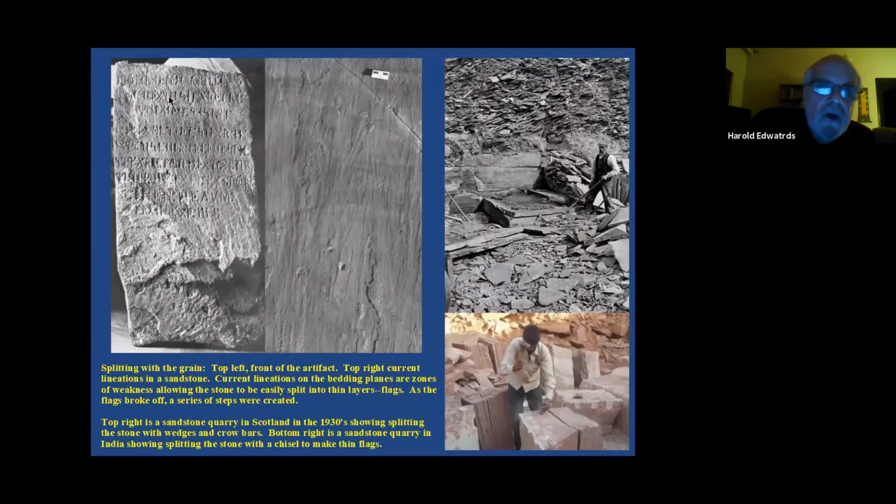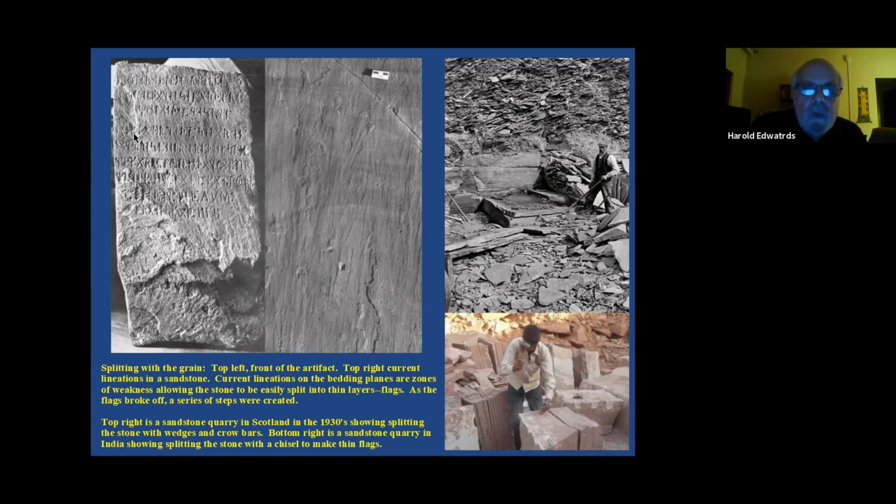The top of the stone has this pattern here. Quarrymen in bluestone quarries call this reed. I think you can see this as like a bundle of reeds, this pattern on the rock here. These are actually current lineations. Water that runs through beaches or river sands leaves these rills as the water is moving through, and these get fossilized in the rock.